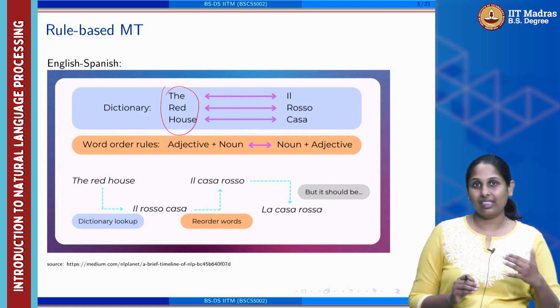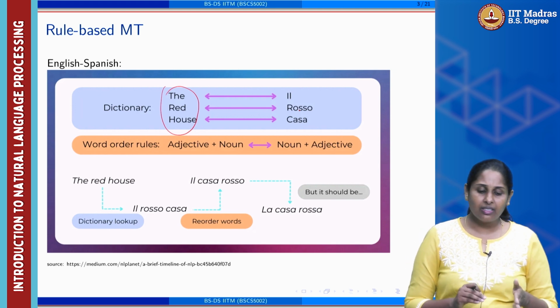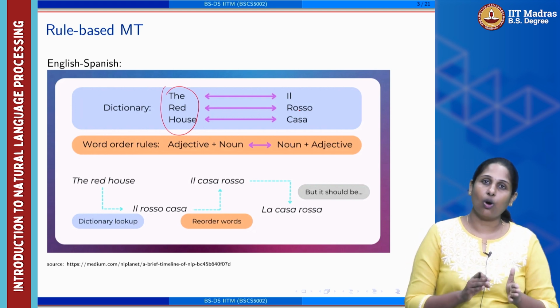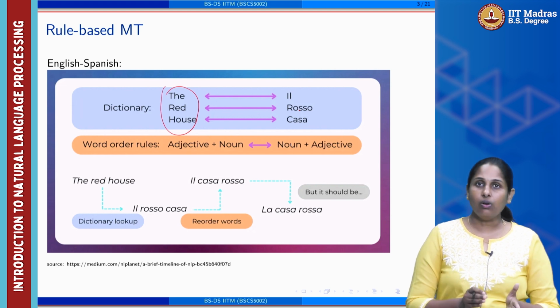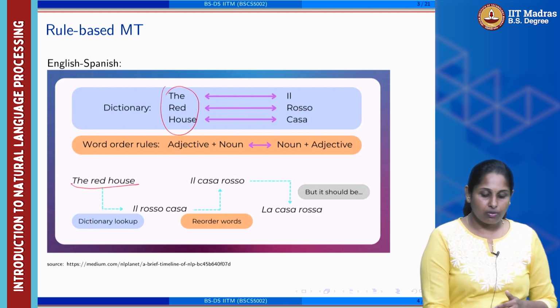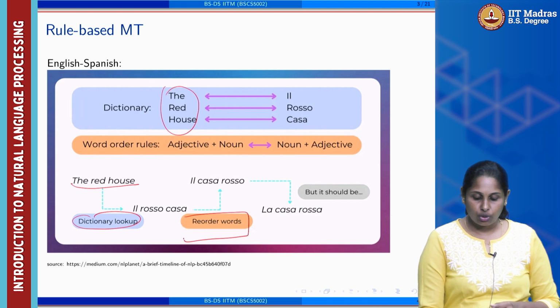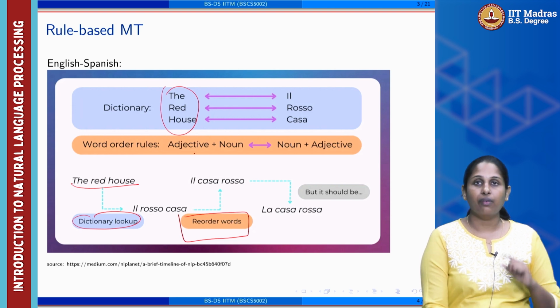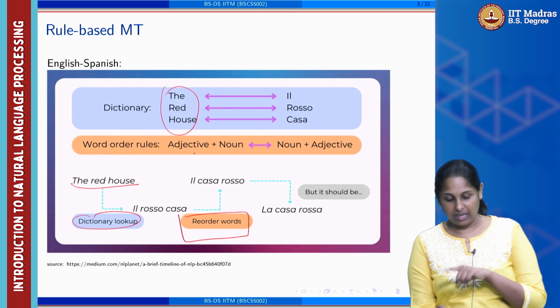You will say the red house, but we will not say the house red. Whereas in Spanish, it's always the noun followed by the adjective. So, the red house, using the dictionary lookup, becomes la rosa casa, and there is a reordering of words, where the transfer rule is: wherever there is an adjective followed by a noun, convert it into noun plus adjective.